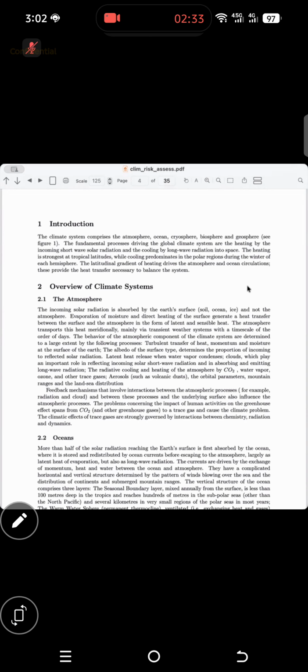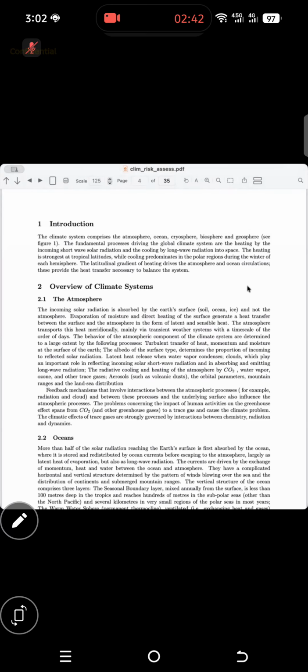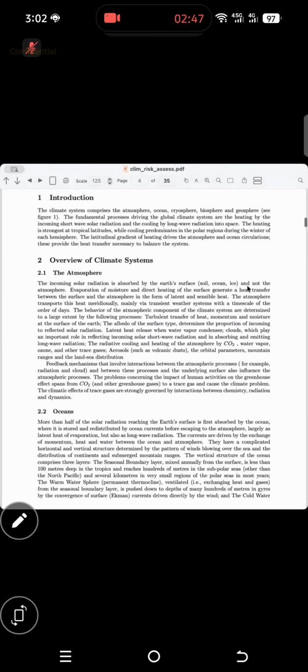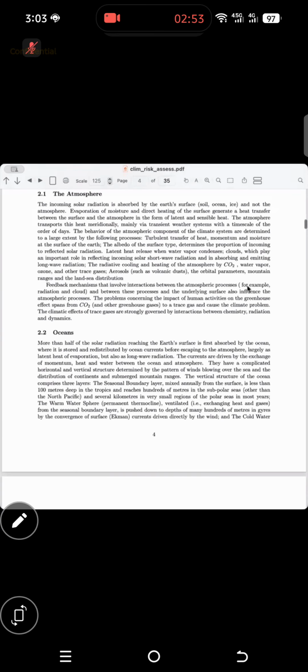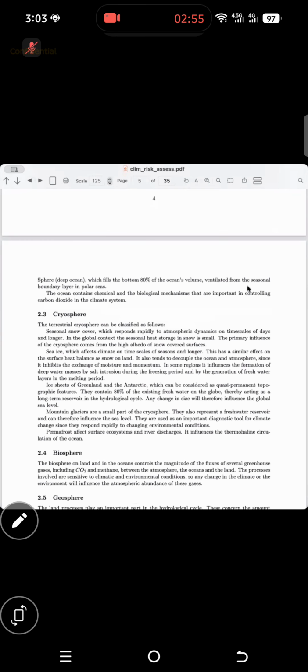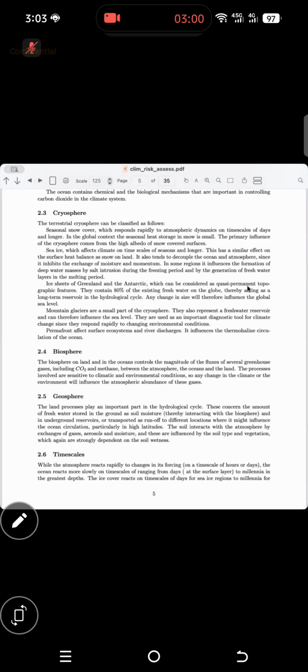The components are the atmosphere, the oceans, the cryosphere, which is the component that has to do with ice, and land. Land is both biosphere and geosphere. There's life on land, there's life in the ocean, so that's biosphere. But the major components are what we have mentioned.